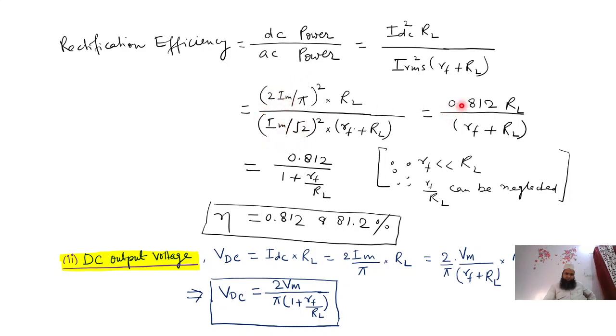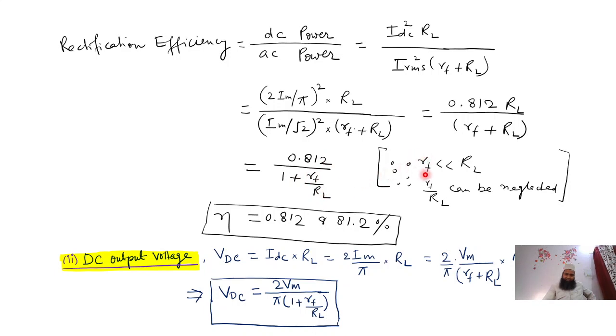This comes out to be 0.812 RL upon Rf plus RL. We can divide RL in both numerator and denominator. We get 0.812 upon 1 plus Rf upon RL.